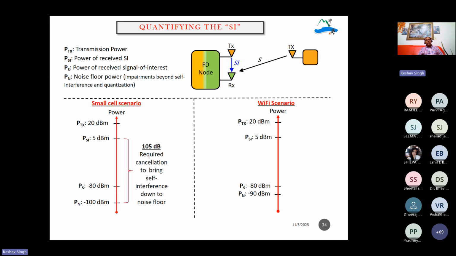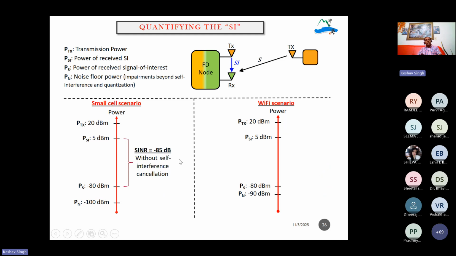If you bring this SI below the noise level, then your signal power will become 20 dBm. That means here we need to cancel 105 dB, 125 dB, and it's not possible to cancel this much in the digital domain. Similarly, in the case of Wi-Fi, we need to cancel 95 dB in the digital domain. That is also not possible.